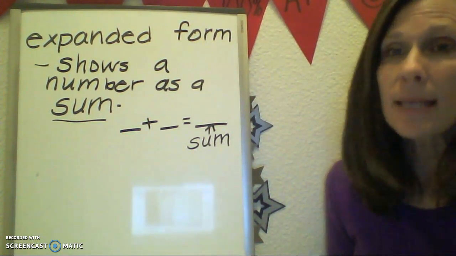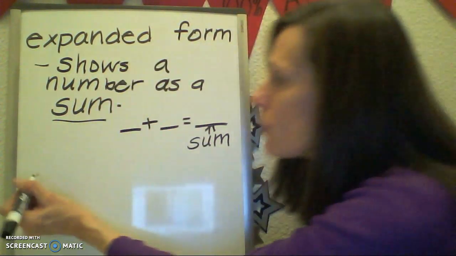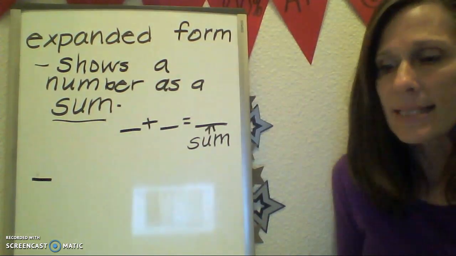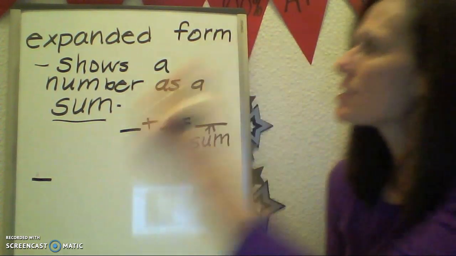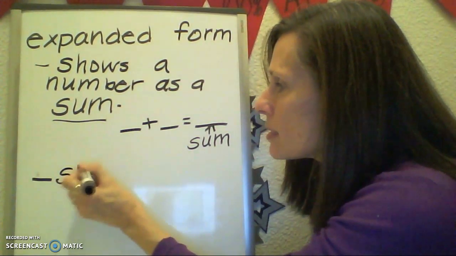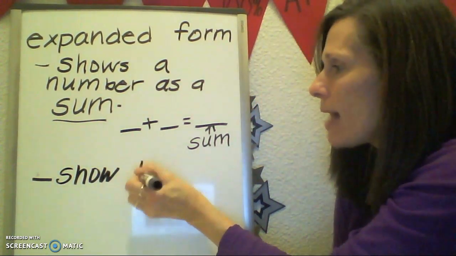Okay, the second thing about expanded form is that it shows the value of each digit in the number.